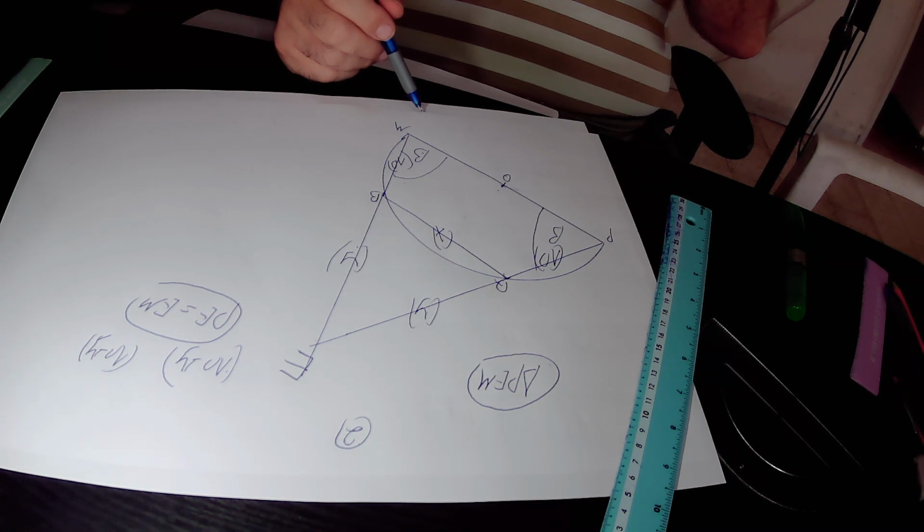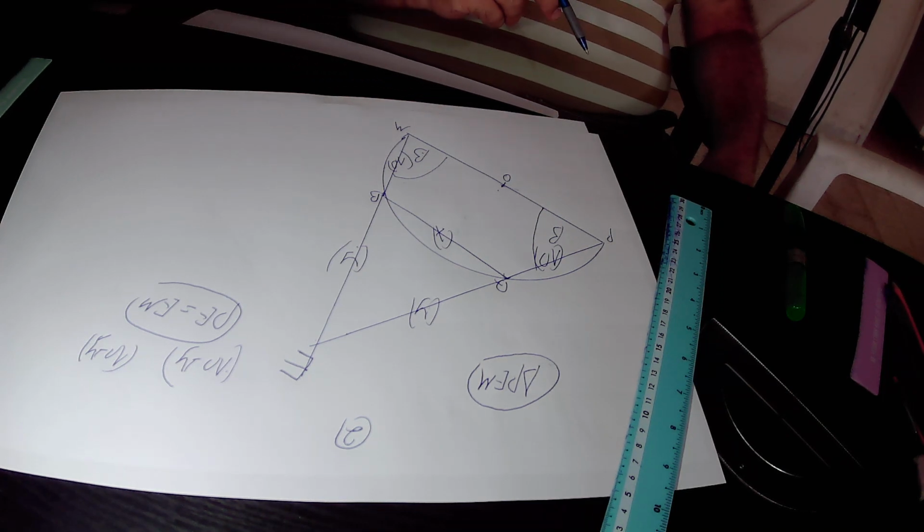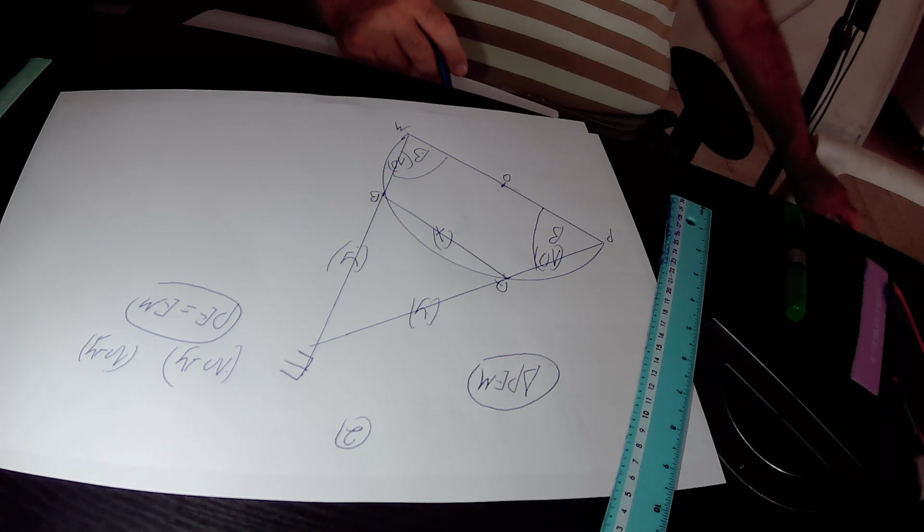And we have the rule that says that if a quadrangle is inscribed by a circle, exactly like here, then the sum of its opposite angles is equal to 180 degrees. So let me quickly put on the rule.